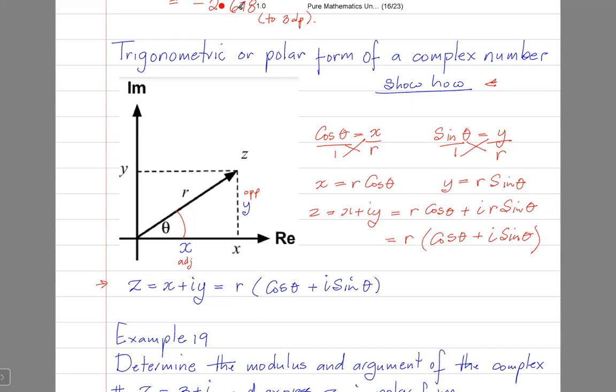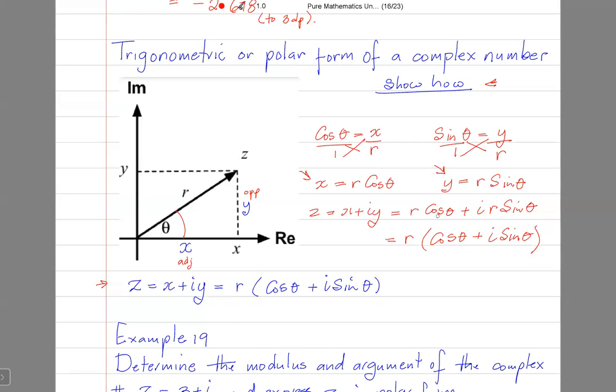Which part of it? The part you're explaining of it being equal to the other. Remember, we just showed that x is equal to r cos theta, and we showed that y is equal to r sine theta from this calculation up here. So z, which is x plus iy, can be written as x, which is r cos theta, plus i, y, which is r sine theta.